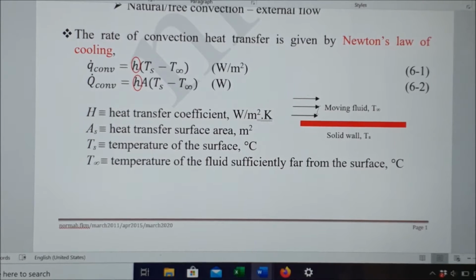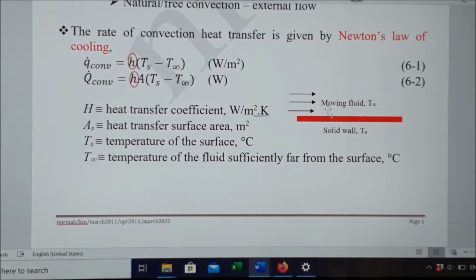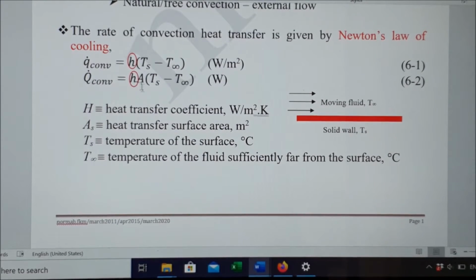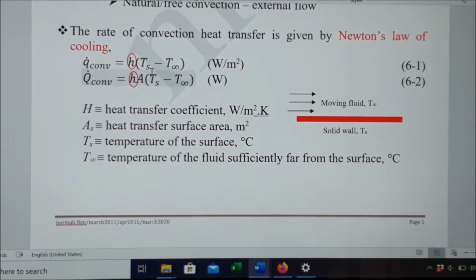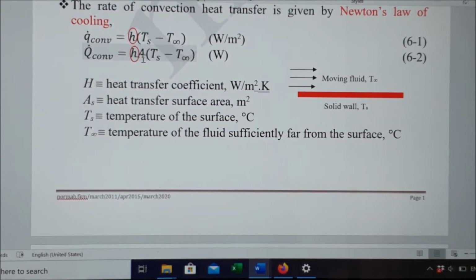If there is a temperature difference, there would surely be heat transfer from or to the wall. So for this case, with constant temperature along the wall, you can determine the heat flux or the heat transfer from or to the wall if you know h, Ts and T infinity.